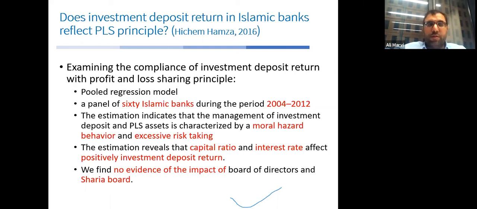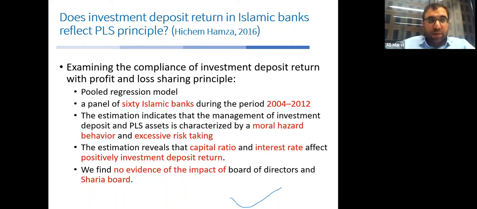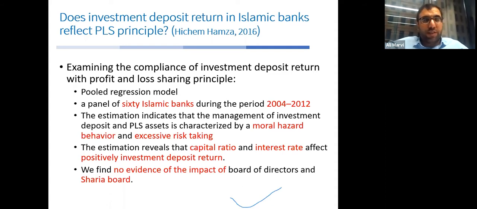By PLS principle, I guess his meaning is clear to you, in the sense that we expect that profits and losses really happen in reality, and it depends on the type of projects and on the mixture of the projects that are financed in different banks.